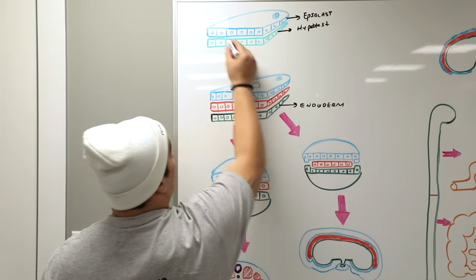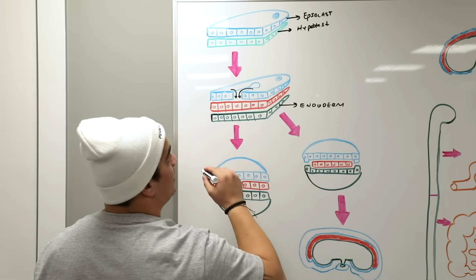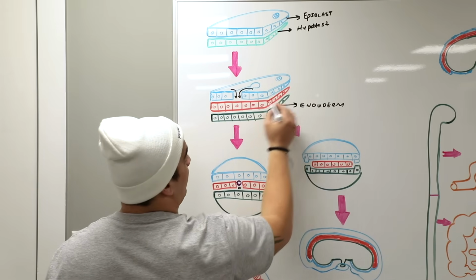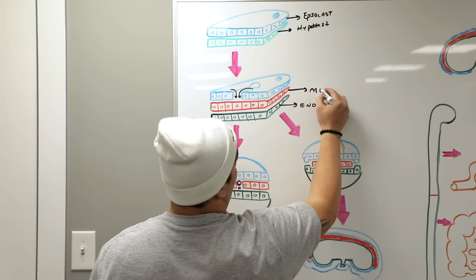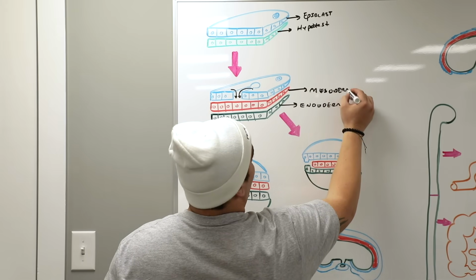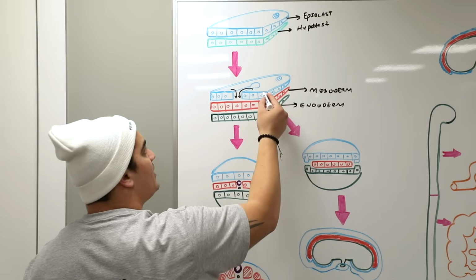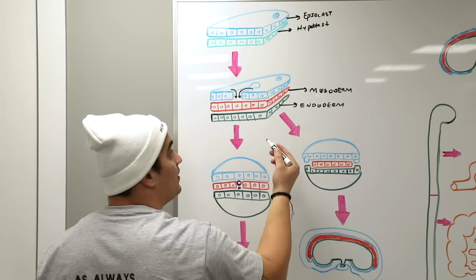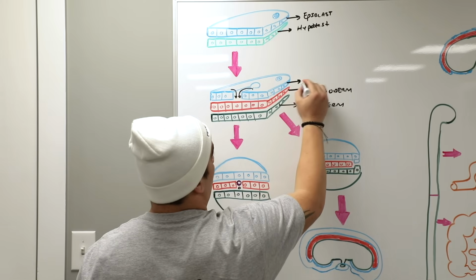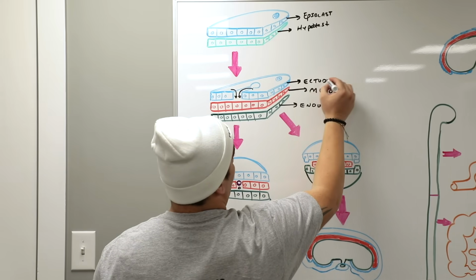Then they make a new layer between the epiblast and the hypoblast. What is this layer? This is your mesoderm. And then eventually, the epiblast cells themselves differentiate and form what's called ectoderm.